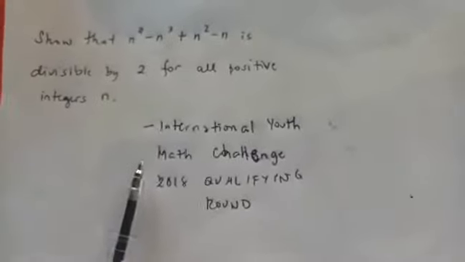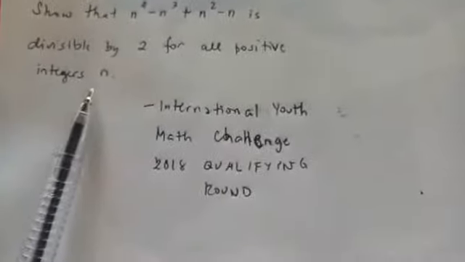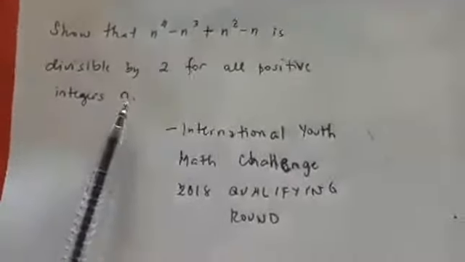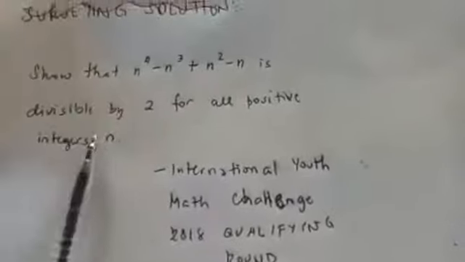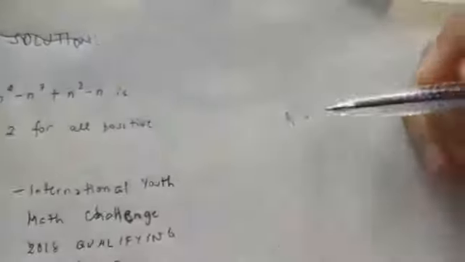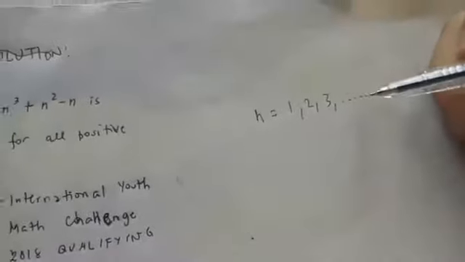Since n is a positive integer, let us start from the integers 1, 2, 3, and so on, up to positive infinity.